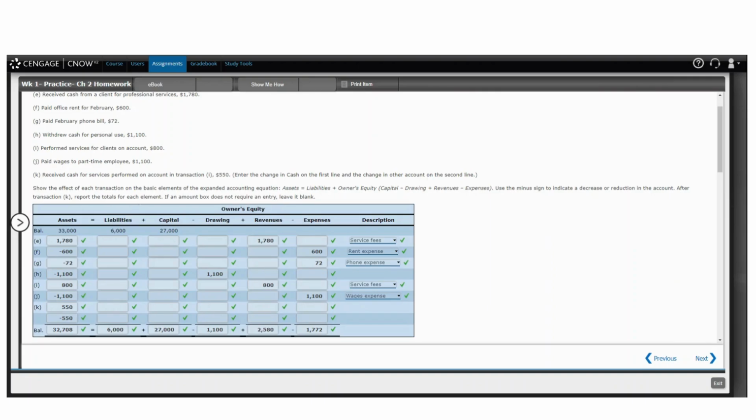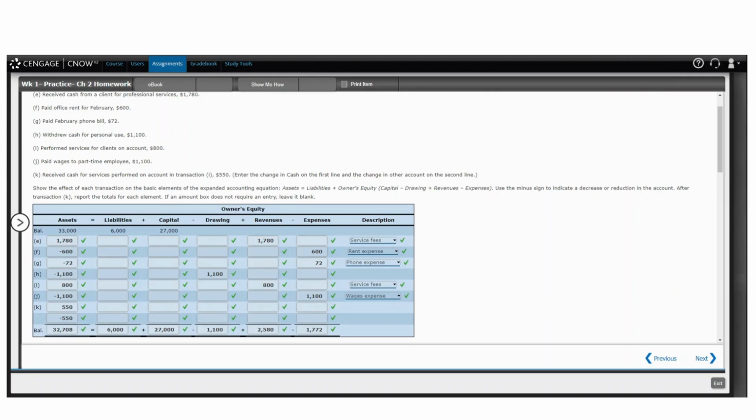In K, he received cash for services performed on account in transaction I in the amount of $550. Okay, we enter the change in cash on the first line and the change in the other account on the second line. So we've already recognized this amount in a previous transaction, and it tells us in I. So we're not going to touch revenue here, but they owed us money and they made a payment to us.